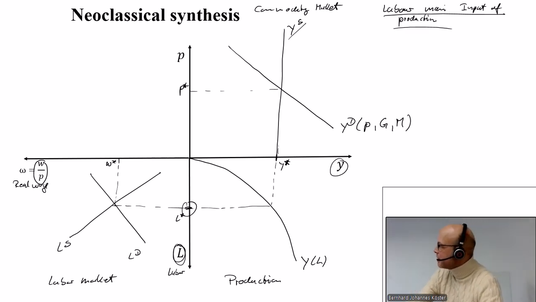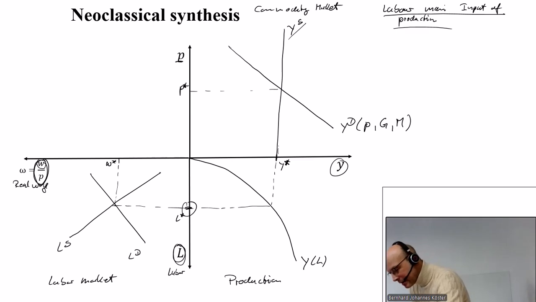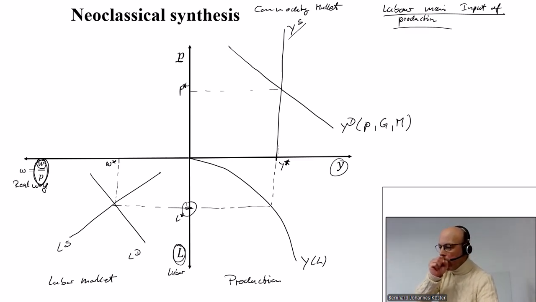Here we have a direct dependence, P on the vertical axis and to the left W over P. So what we are doing here is we have to draw just a function which is given by a constant, the wage rate, the nominal wage rate over the variable itself. So what we have to draw here.